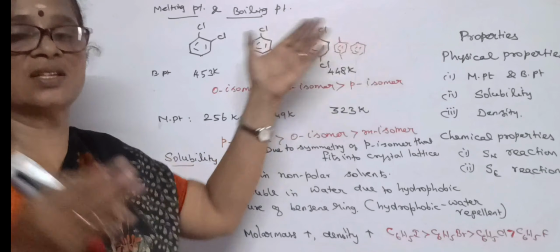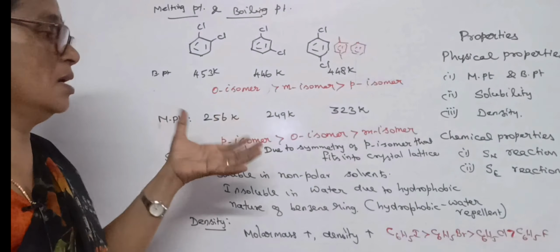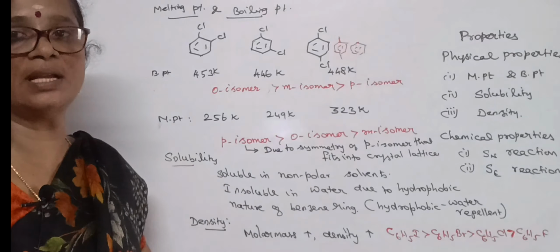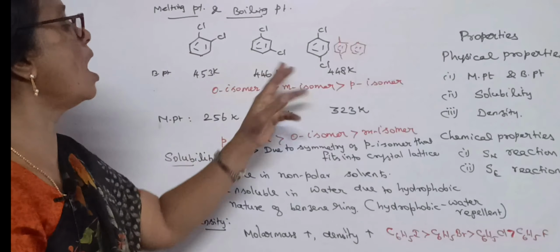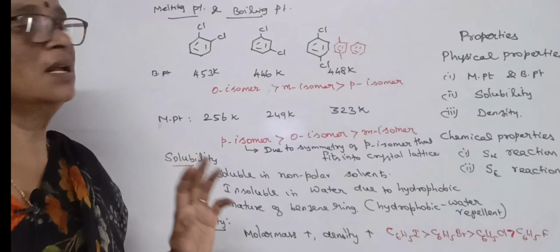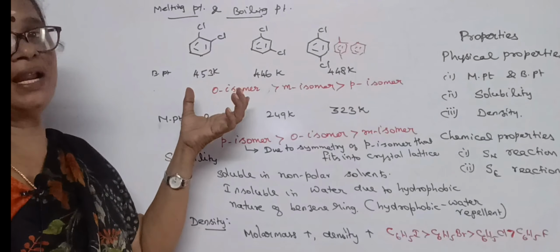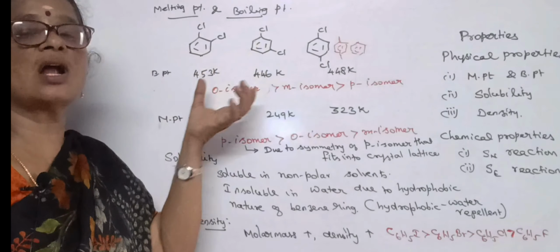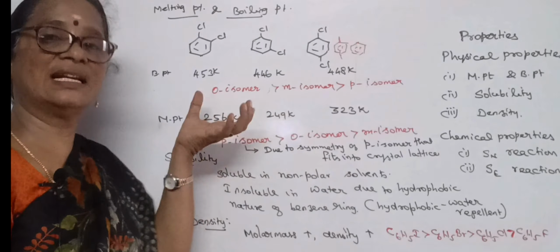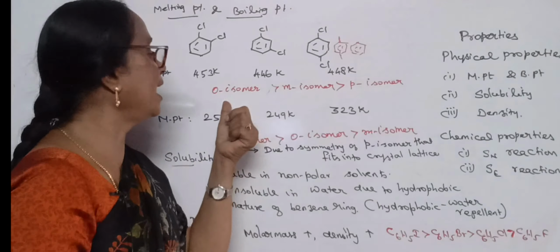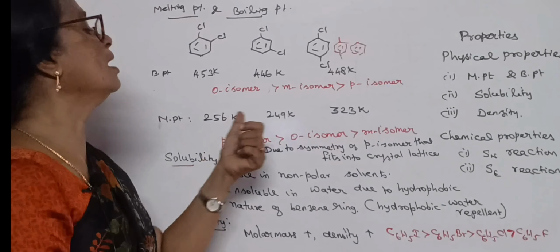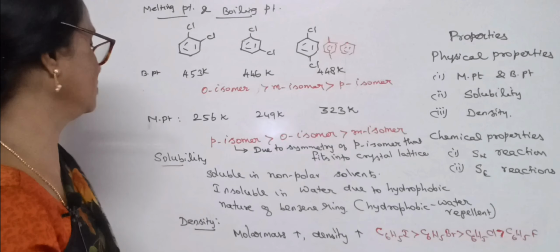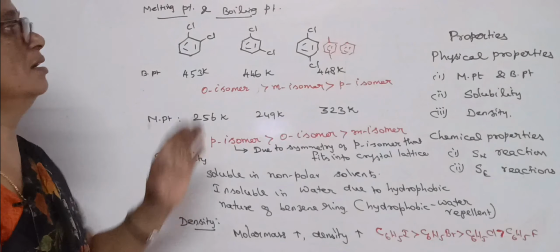We can pack them more closely, and hence the melting point of the para isomer is higher compared to ortho or meta. The ortho and meta isomers do not have a plane of symmetry because of the 1,2 and 1,3 positions. So they do not fit into the crystal lattice exactly, and hence their melting points are somewhat smaller than that of the para isomer.